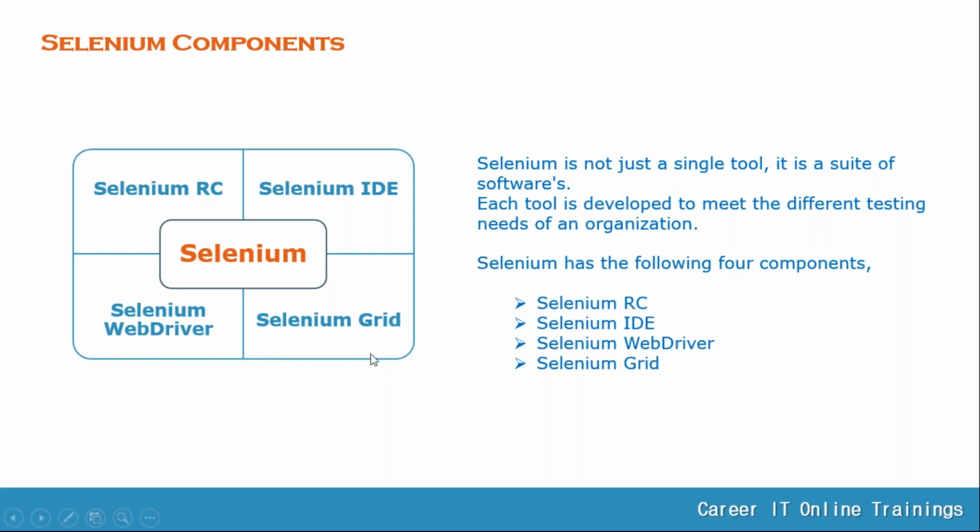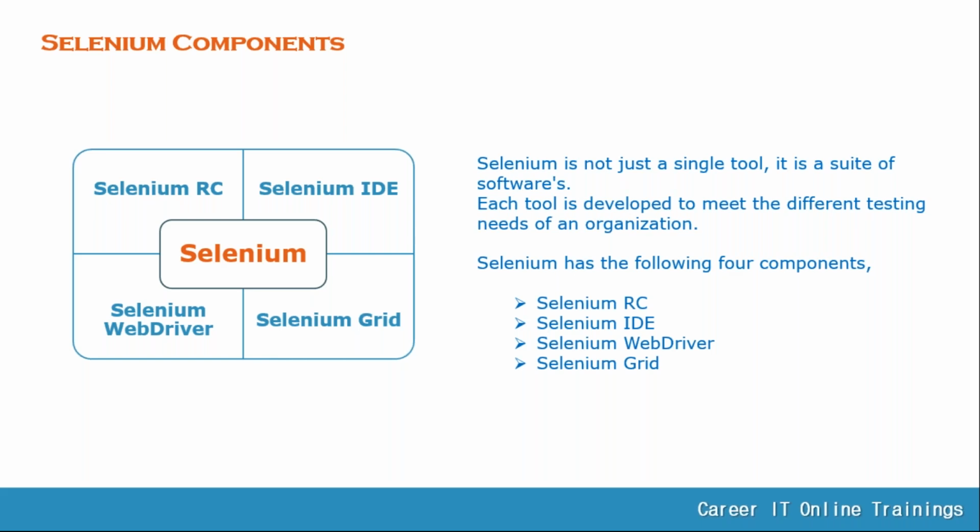And the other component is Selenium Grid. This is another component, which is basically used for distributed testing. Distributed testing is nothing but, suppose you have a huge number of test cases, like 1,000 or more, and you want to make your automation run much faster. Then you can create a Selenium Grid. Basically it has hub and node concepts.